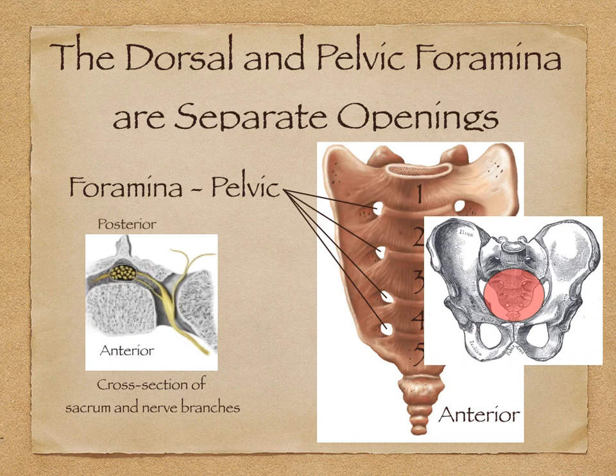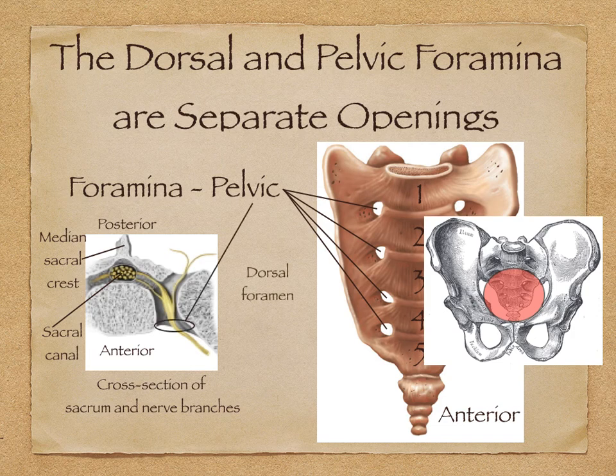So that shows you that there are two separate openings, the dorsal foramina in the back and the pelvic foramen in the front. And even though they're lined up, so you can see through them, they are separate holes. So if I label these things here for you, you can see what we're talking about.